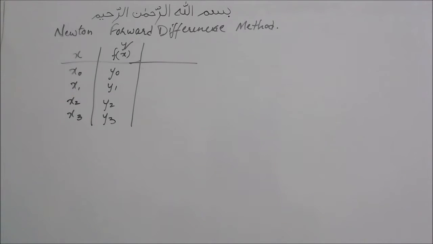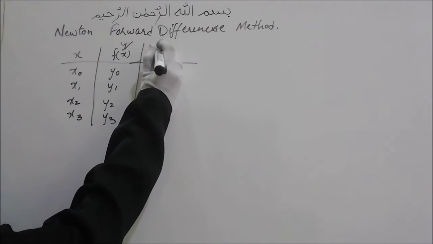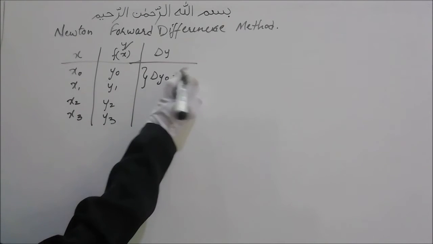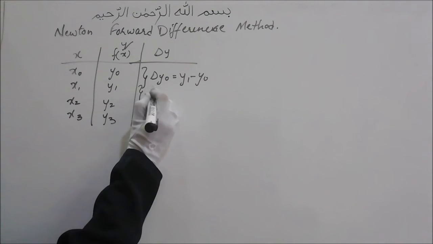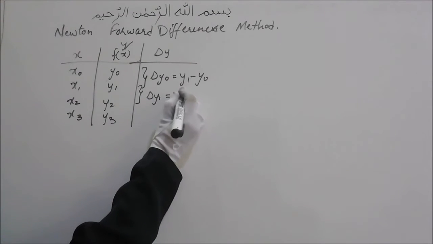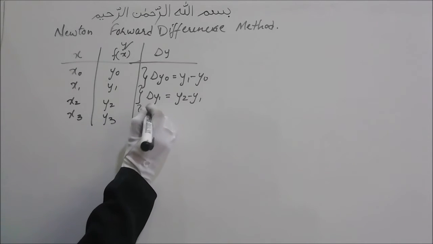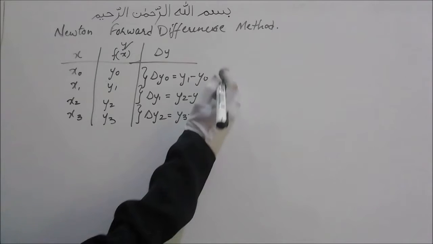So now first we are going to find the difference between these values. Let's call it delta y. So the difference between these two values, delta y0, will be y1 minus y0. Difference between the next two values, delta y1, will be y2 minus y1. Difference between these two values, delta y2, will be equal to y3 minus y2.